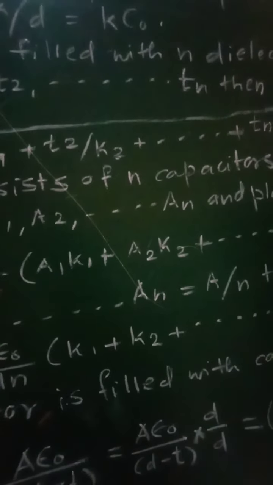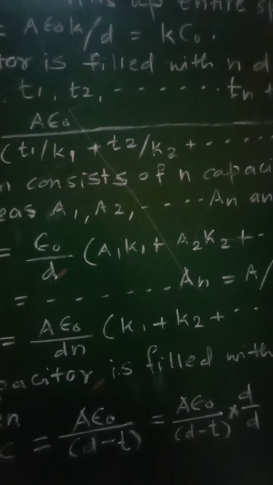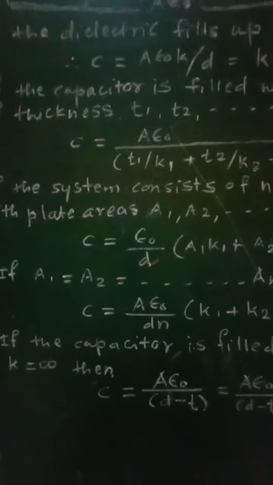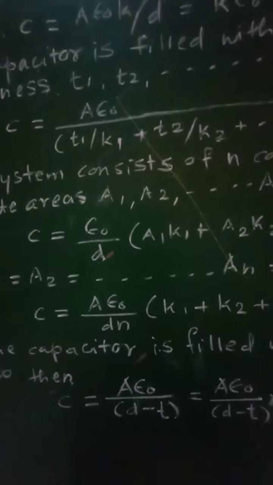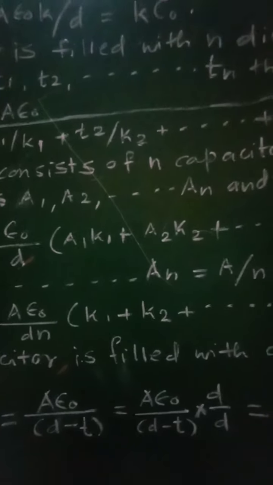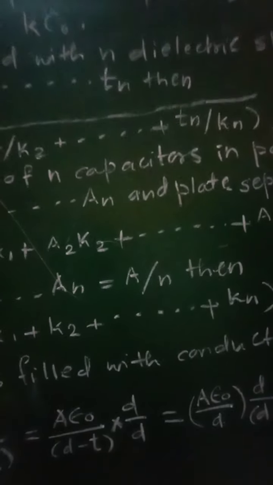Then we have here n dielectric slabs having their thickness t1, t2, t3 up to tn, then capacity C equal to A epsilon 0 upon t1 upon k1 plus t2 upon k2 plus tn upon kn.